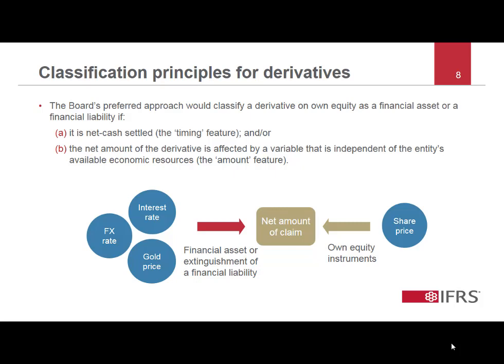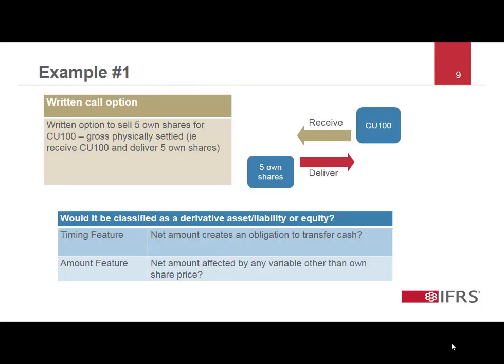The only variable that affects the value of the derivative on settlement date is the entity's own share price. Such a derivative is not affected by any variable that is independent of the entity's available economic resources, so the derivative has neither the amount nor the timing feature of a financial liability, and so the instrument is classified as an equity instrument.